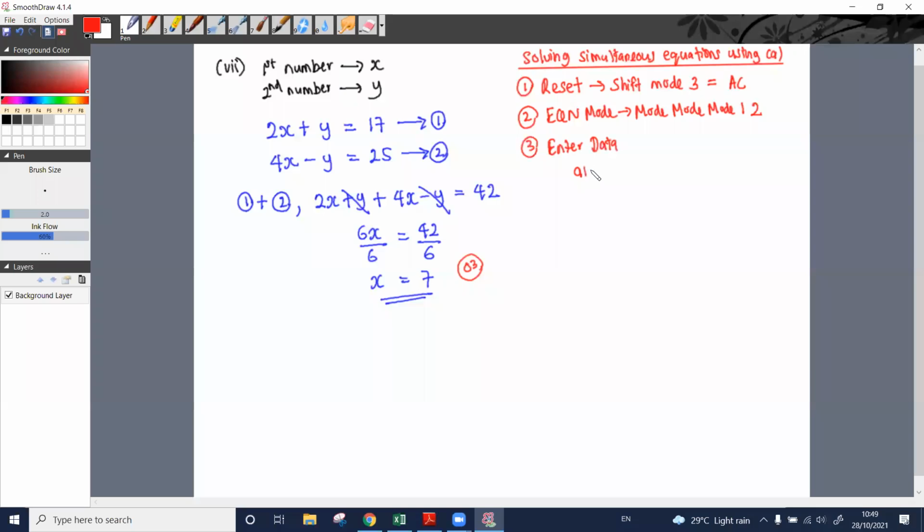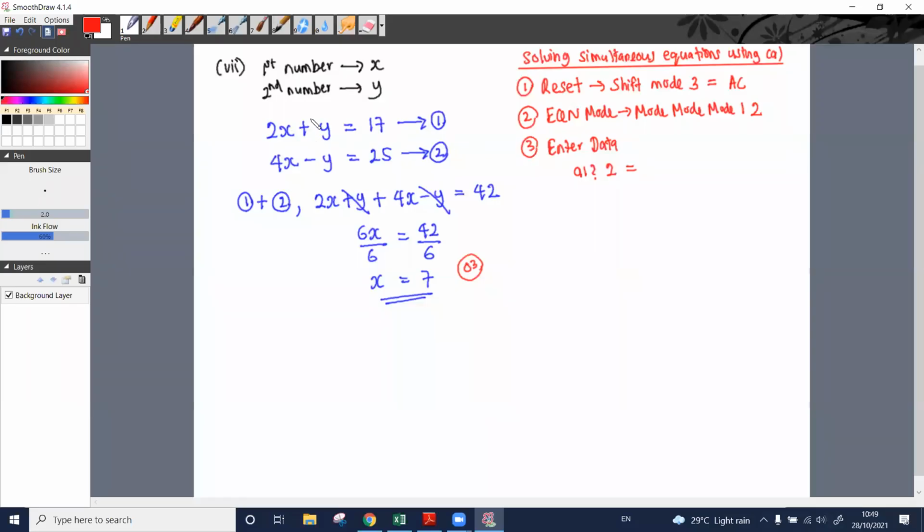It is asking for the A1 value. What is the A1 value? 1 means equation 1. So what is the A value of equation 1? That is 2. Give 2 and press equal. Then the B1 value.